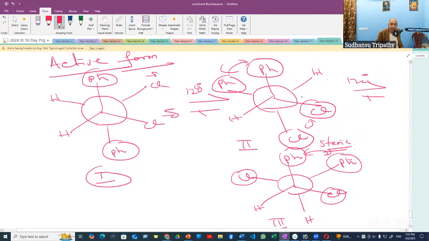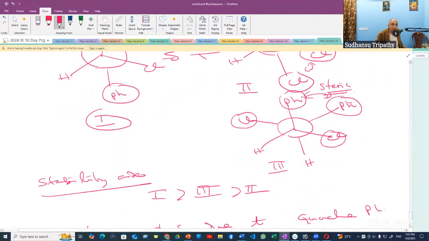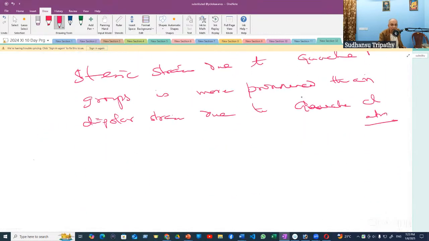While in 1, chlorine, in no case is the dipole moment 0. Unlike the meso form, where one of the rotamers has all anti, and then mu was 0. But here, none of the rotamers has mu equal to 0.